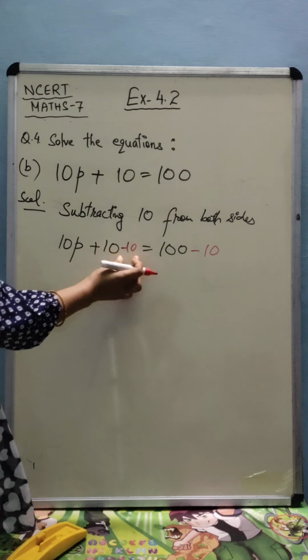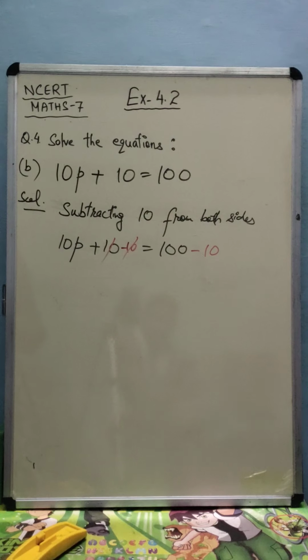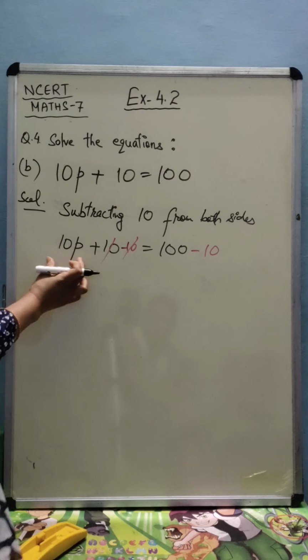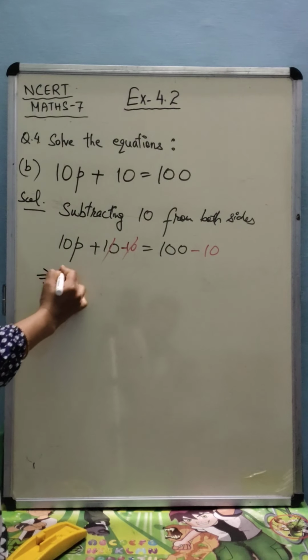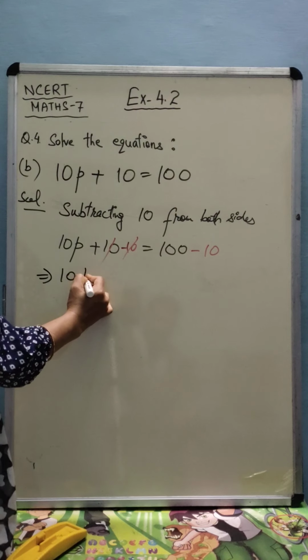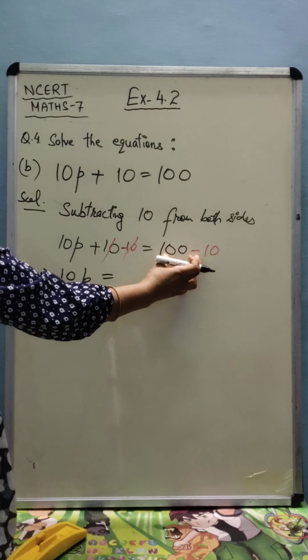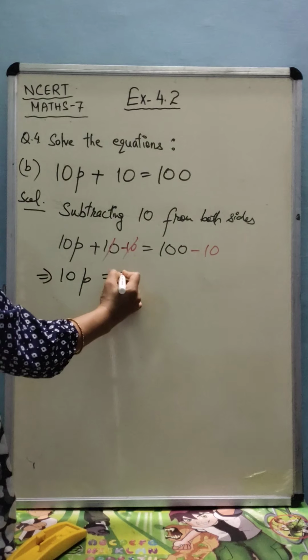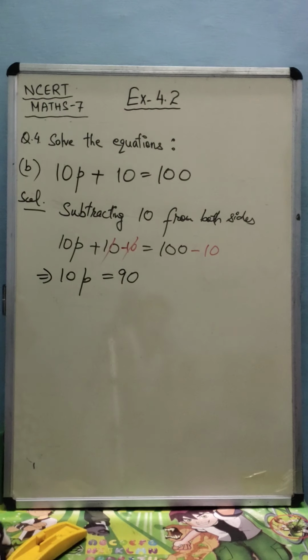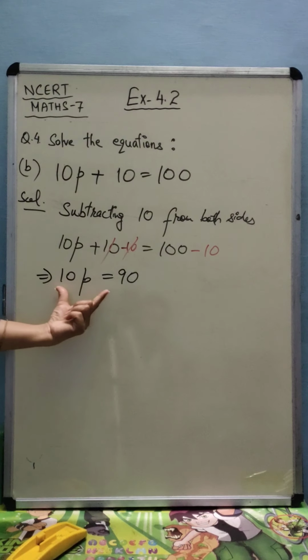See, plus 10 and minus 10 will get cancelled. So what remains in the LHS? Only 10p is left, and in the RHS, 100 minus 10, how much? It's 90. So we have got 10p is equal to 90.